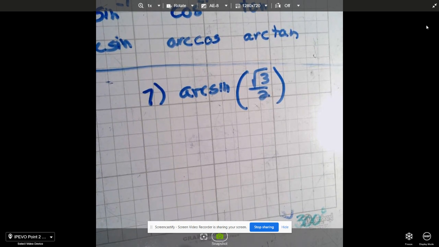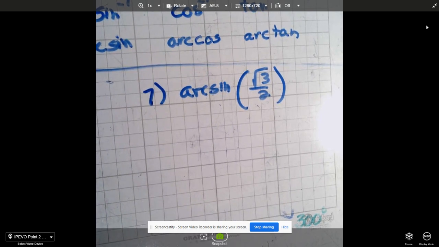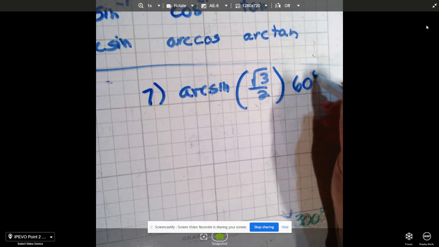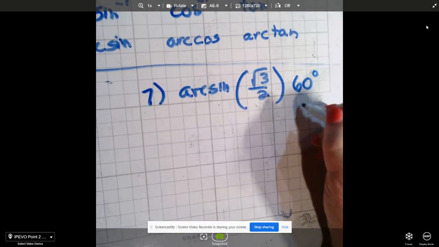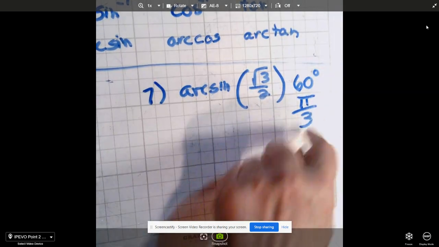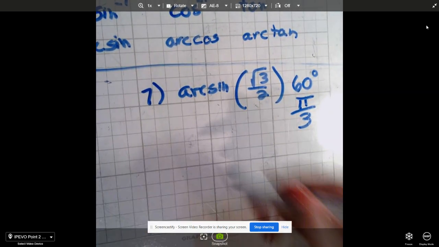So once again, they're asking you, where is the sine equal to the square root of 3 over 2? If you think about your unit circle and your first quadrant, the sine will equal the square root of 3 over 2 at 60 degrees. But we also know that 60 degrees is also pi over 3. So 60 degrees or pi over 3 would be your first answer.